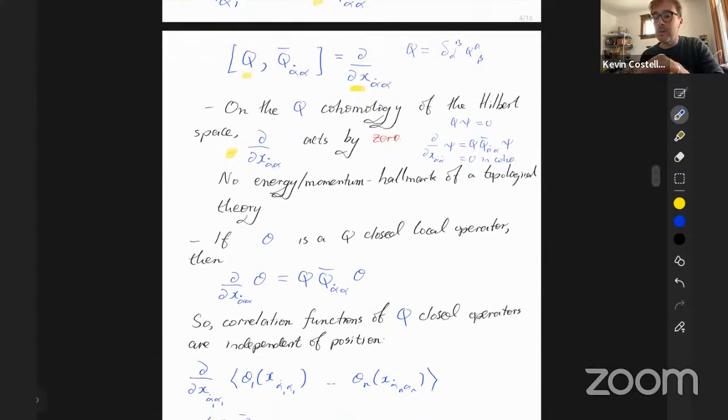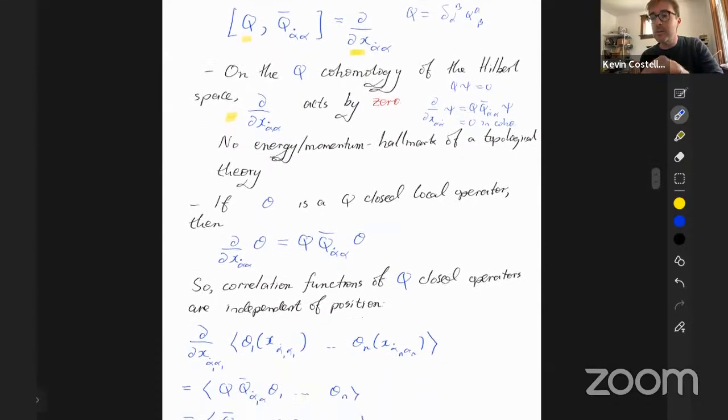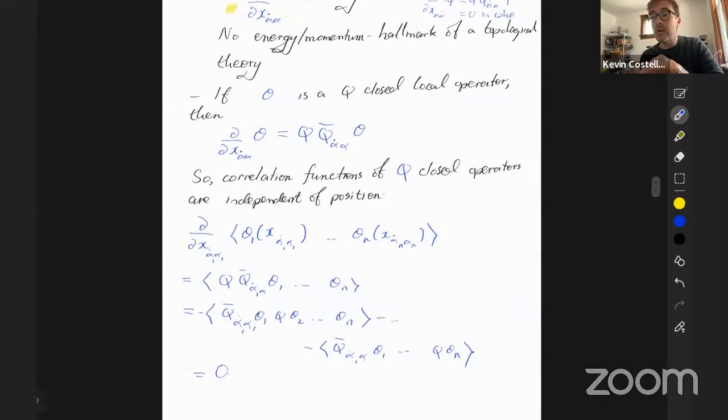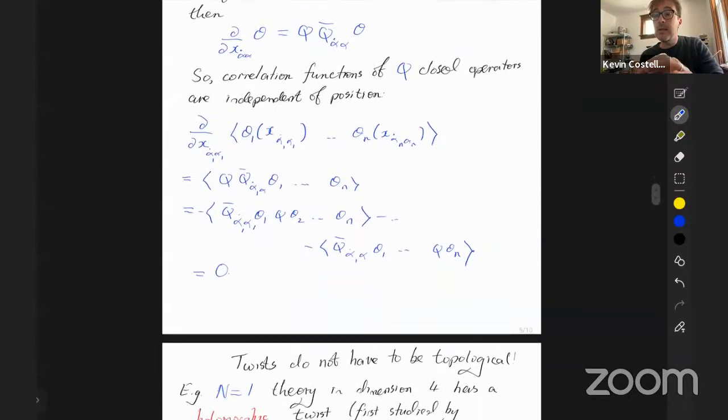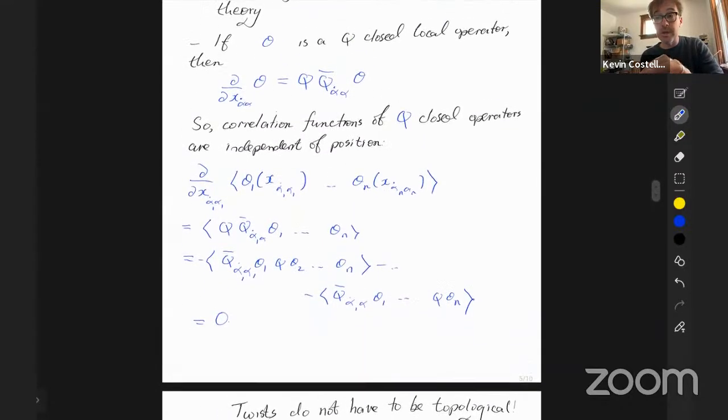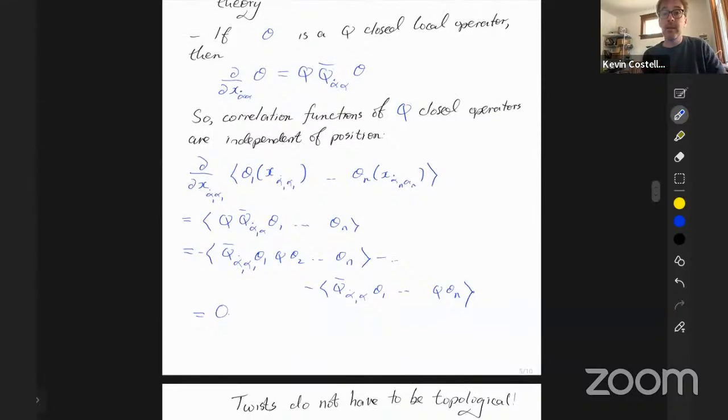So I actually wrote this for local operators. The same thing holds. If I have a Q closed local operator, then if I try to move it around, it's Q exact. So what this means, if I'm studying the correlation functions of Q closed operators, they're independent of where I put them.